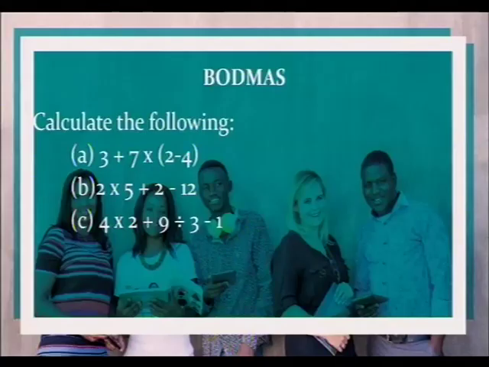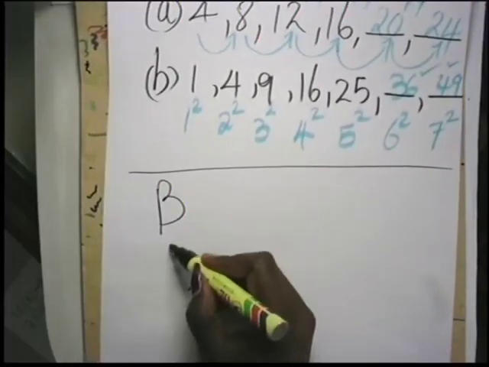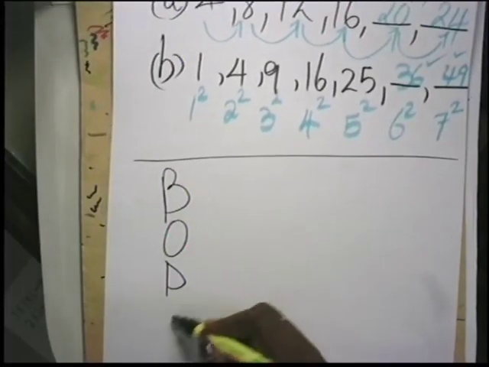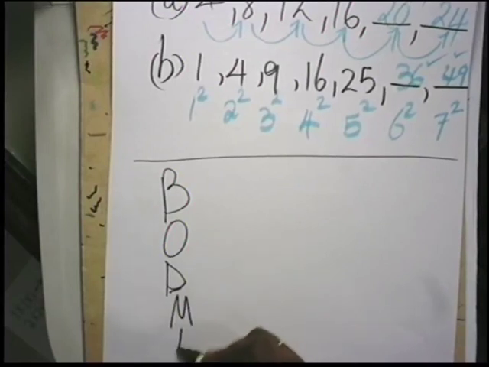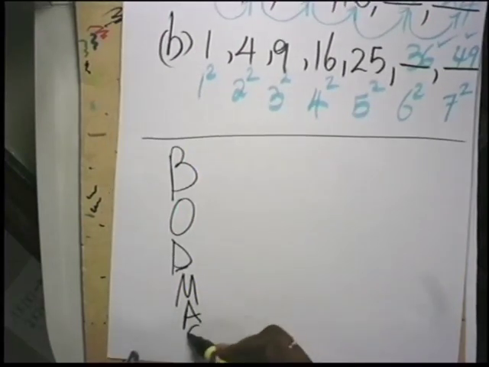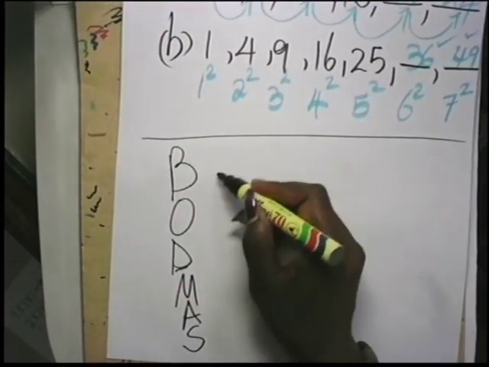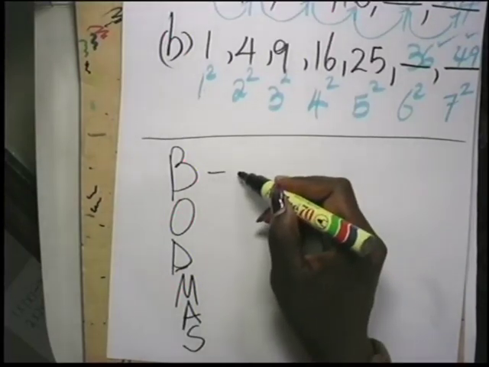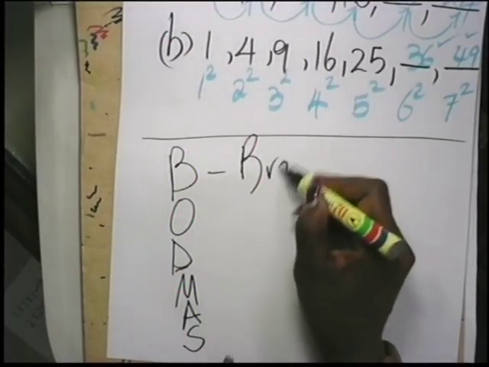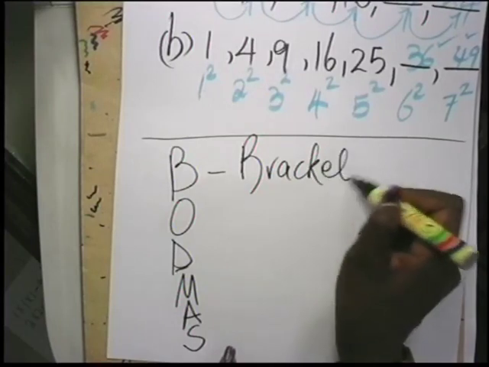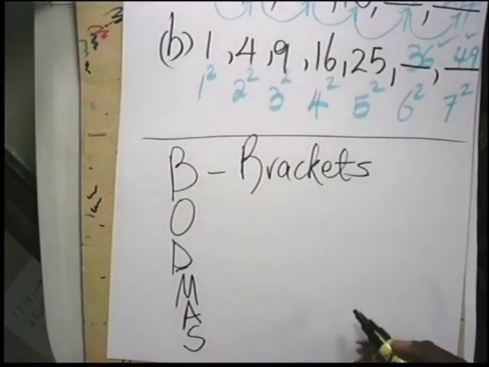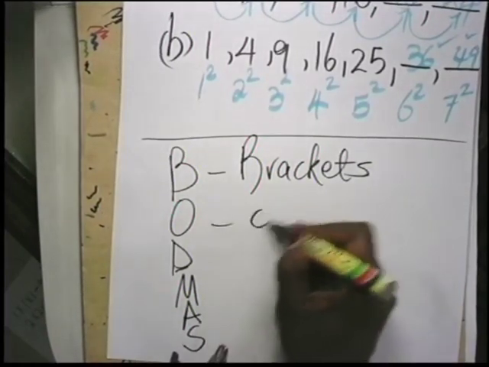We proceed. There is also a question on BODMAS. What do we mean by BODMAS? BODMAS means B stands for brackets. O stands for the word of.